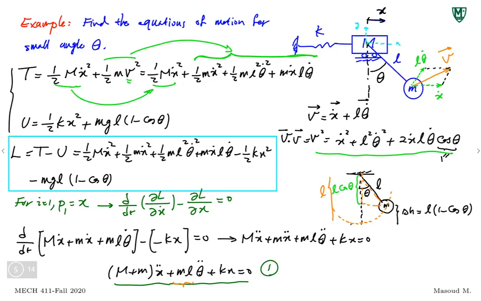You can come to me and tell me that you want to take a different coordinate system. You want to take this as x1 and this as x2. That is fine. Now you write the equations of motion. You are going to get a different type of coupling.